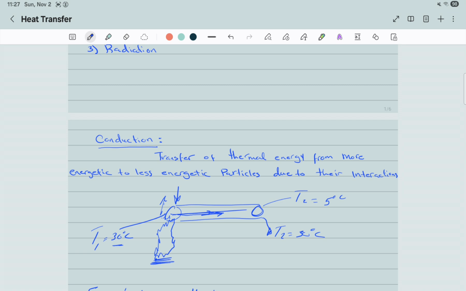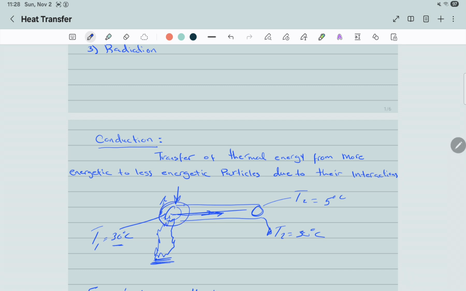Okay, that's heat transfer through conduction. We'll go through convection later. But conduction is the transfer of energy from the energetic particles to the less energetic, which is on the other end of the rod.